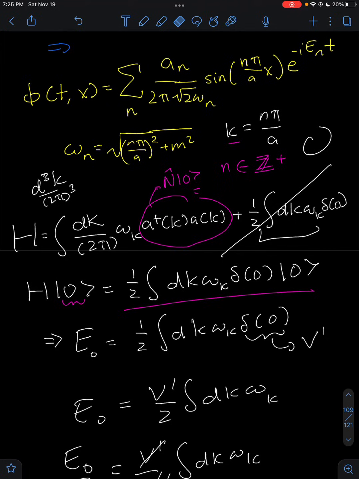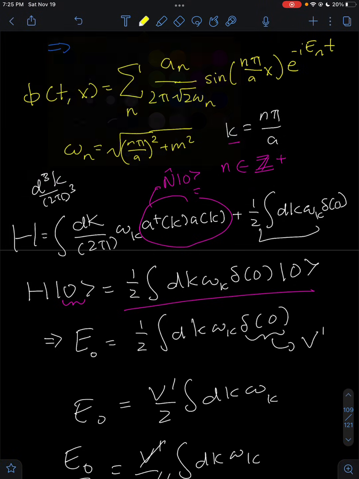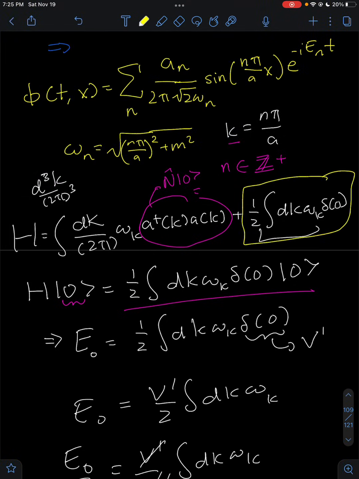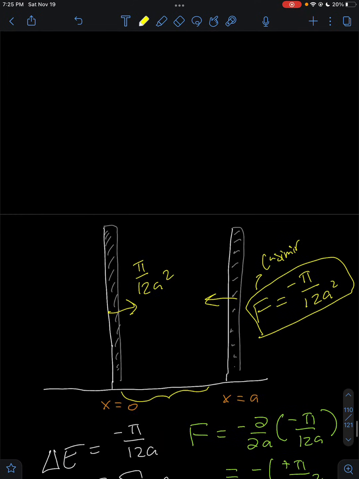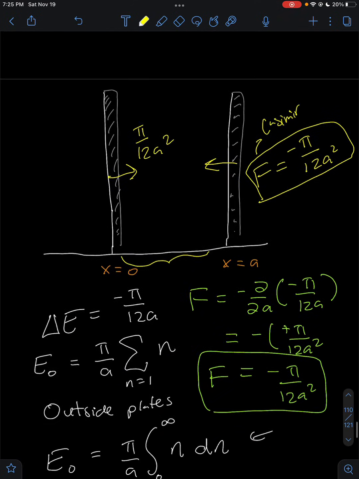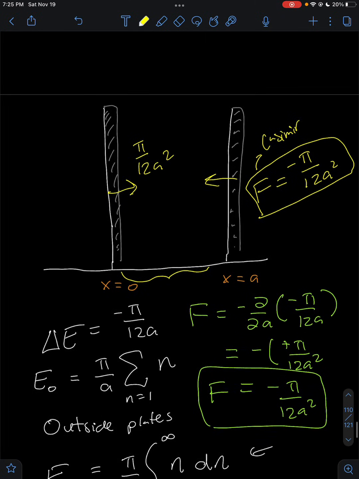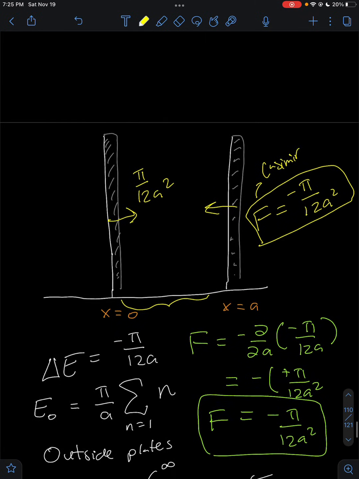We just removed it, and we had a modified Hamiltonian. Well, through the Casimir effect, we were actually using this zero point energy. So since it's derived from that zero point energy, it kind of implies that zero point energy is a real, measurable thing.